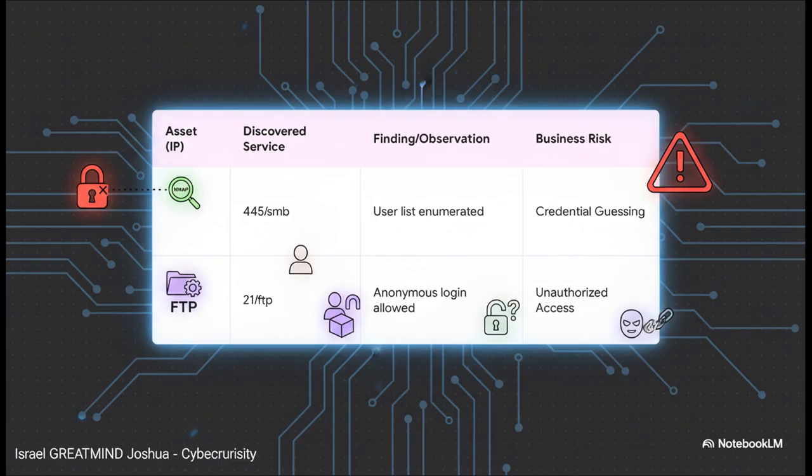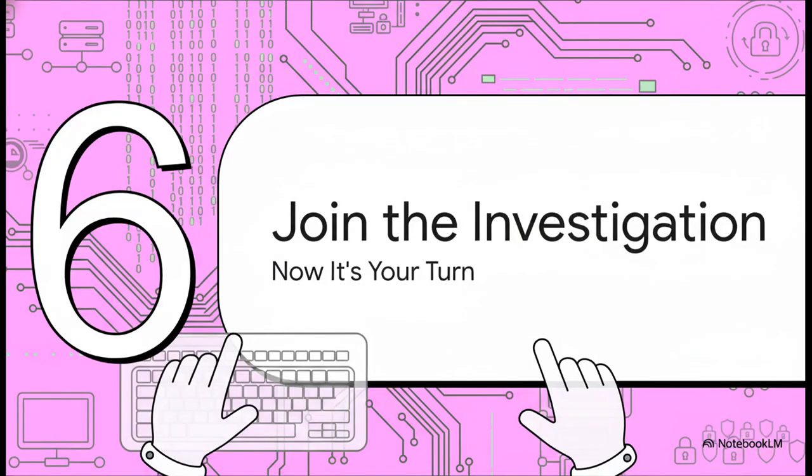For every finding, you document the IP address, the service you found, your observation, like anonymous login is allowed, and then, most importantly, the business risk. That final column is everything. It translates the technical jargon of SMB null session allowed into something a manager understands, like unauthorized users could access and maybe even delete sensitive company files. That gets action.